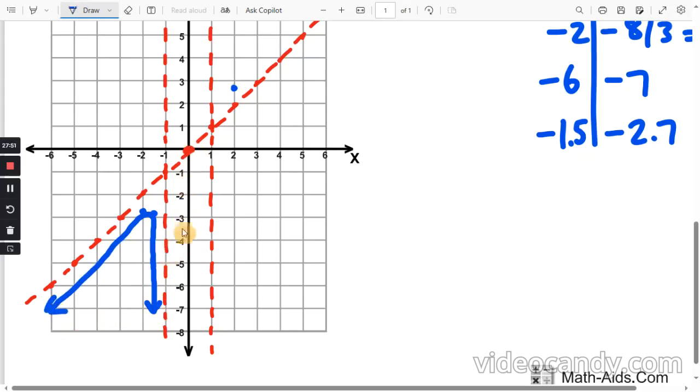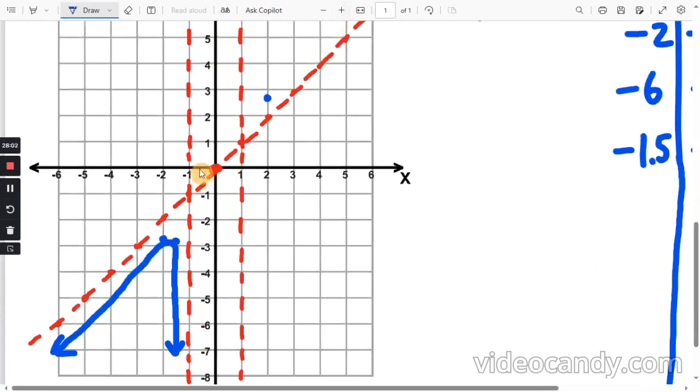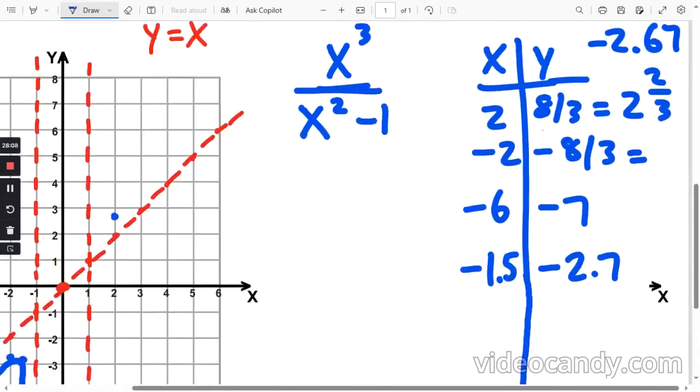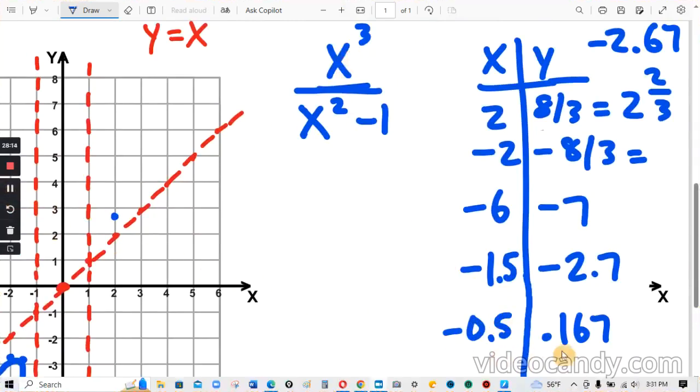And inside here, let's see. Let's try right here. Right here would be negative 1/2. So let's try that. Negative 1/2, or negative 0.5. I'm going to plug that in. I get a very small number, 0.167, but at least we know it's greater than 0.